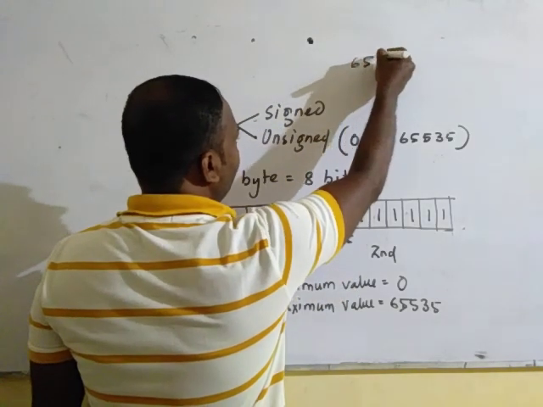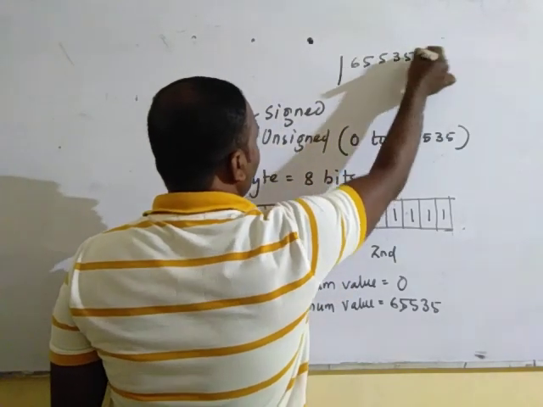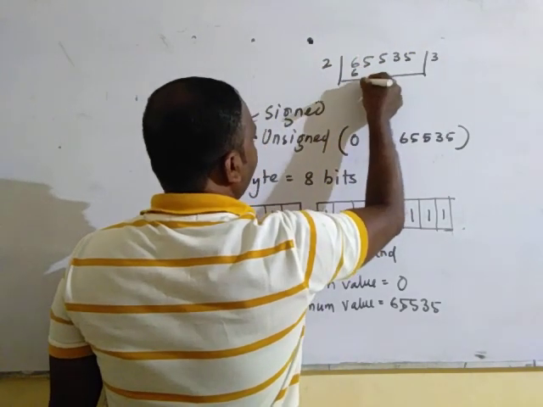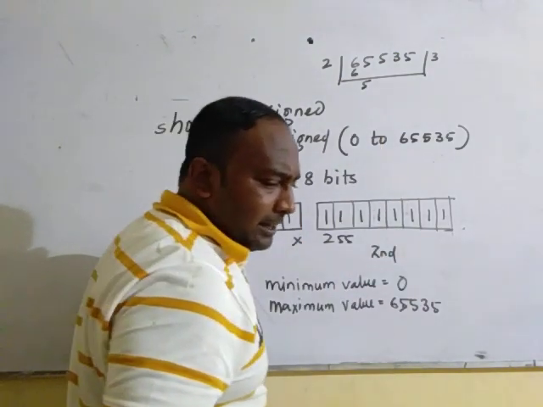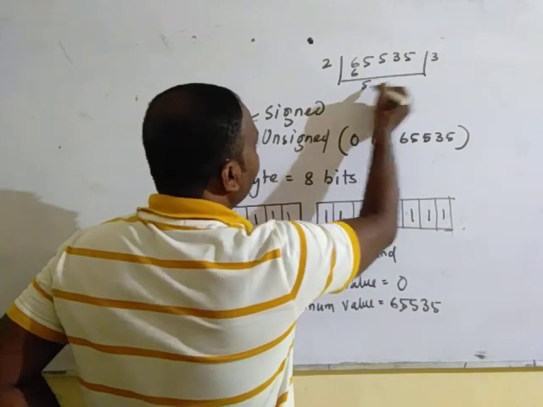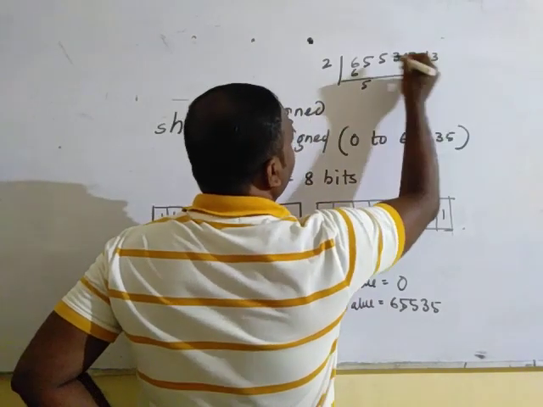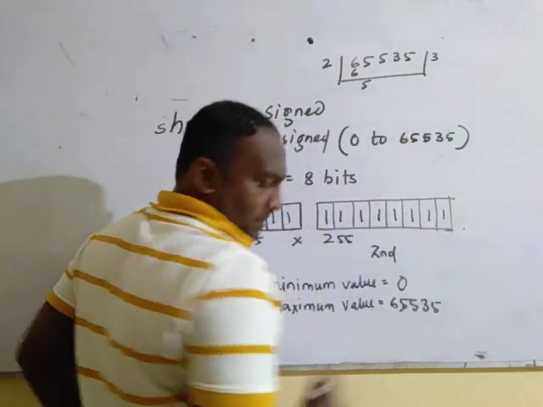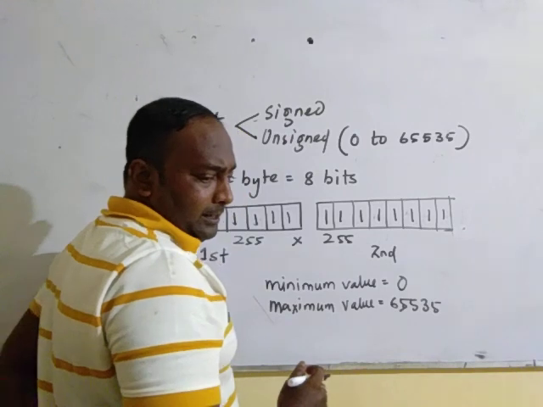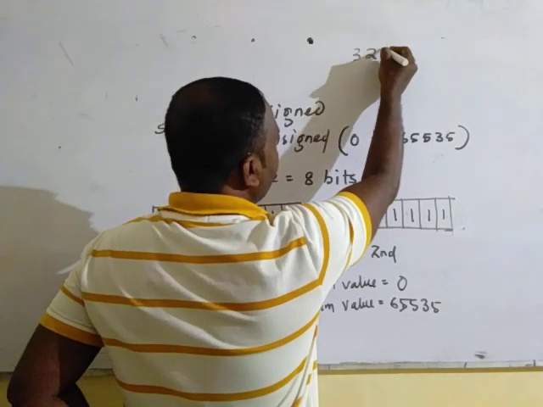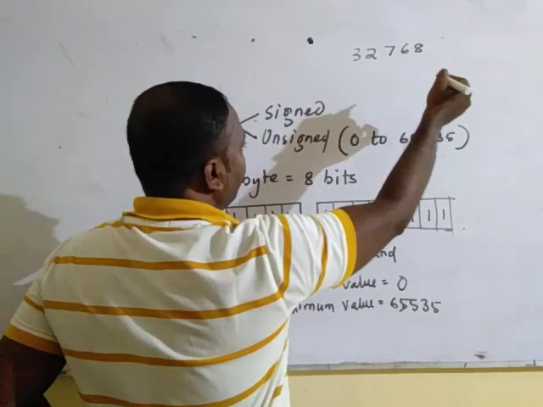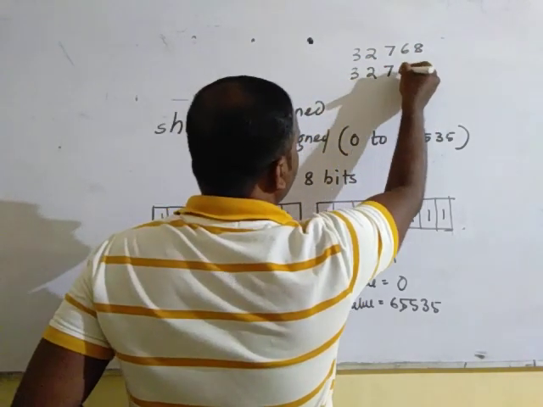So 65,536 divided by 2, we will get 32,768 and another 32,767.